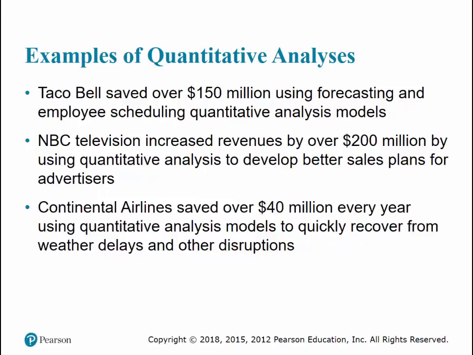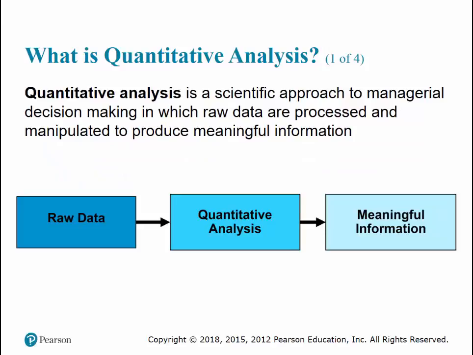Here are some examples of how quantitative analysis has been used in the industry and what dollar value benefits can be derived from such use. And there are lots of examples like that. So here is a basic overview of what quantitative analysis is.